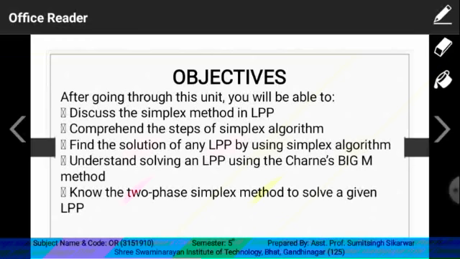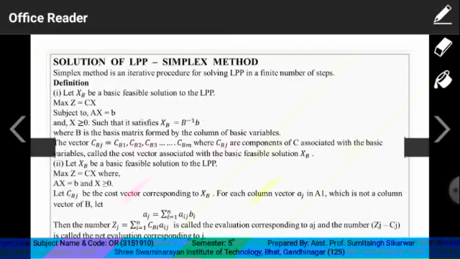Now let us move on to solution of LPP using simplex method.